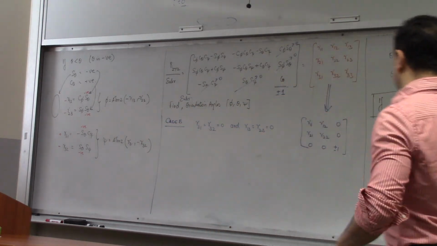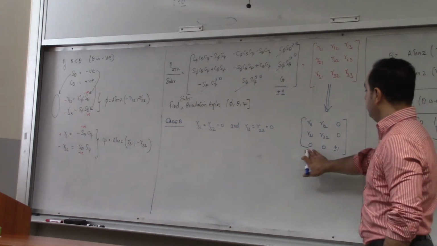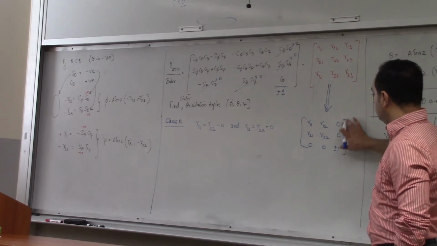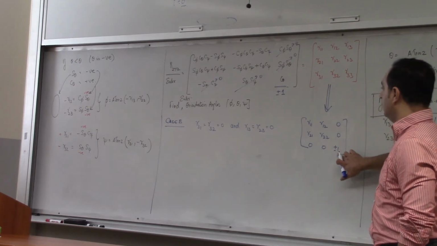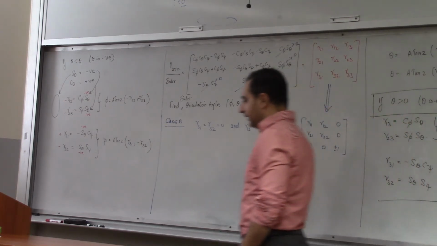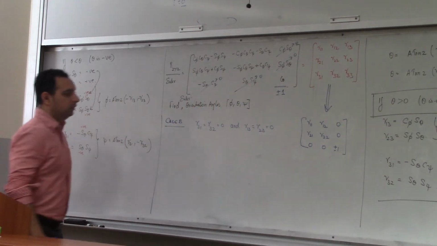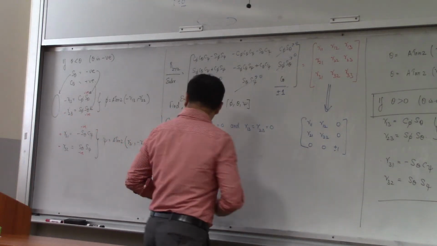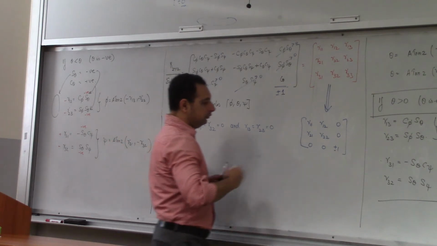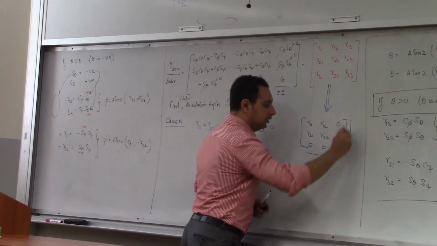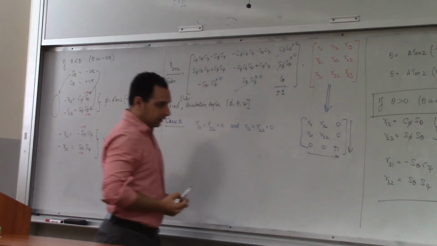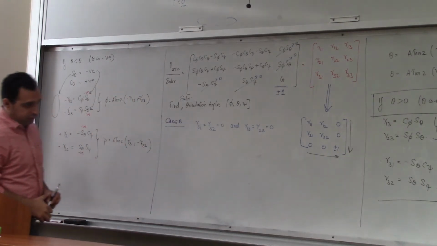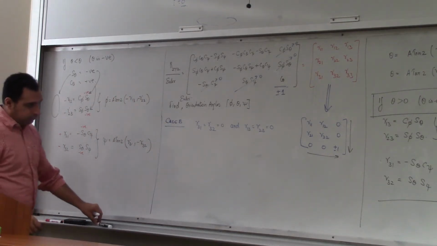So cos theta is left with these two. When you assume these two values to be 0 and 0, the only option to make this row a unit vector and to make this column a unit vector is that R33 can only assume two values, 1 and minus 1, right?